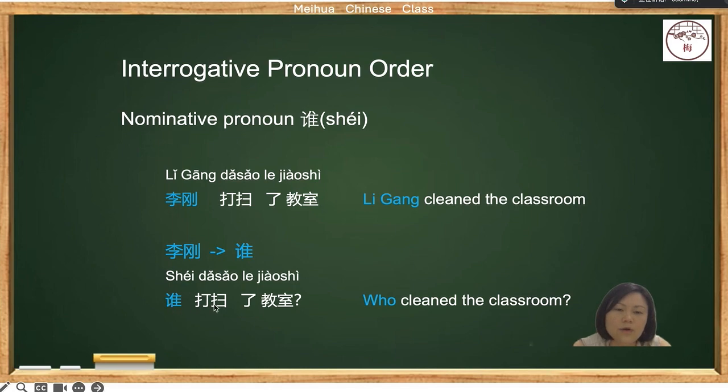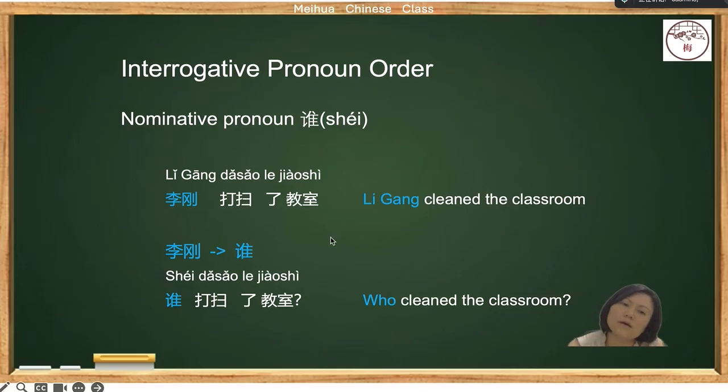So it should be 谁打扫了教室, right? We should put 谁 at the place of the 李刚 in the declarative sentence. 谁打扫了教室? By translation, in English, it's who cleaned the classroom.